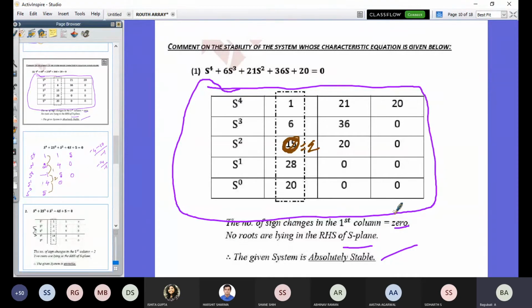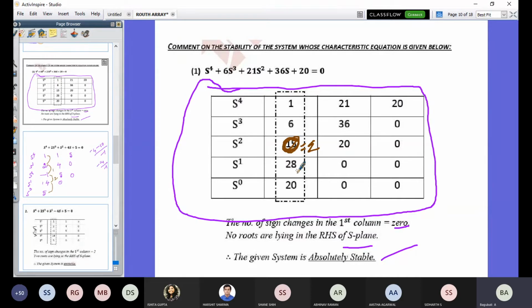And after completing the Routh array, you can check whether above and below epsilon there are any sign changes. Is it clear? If there is a sign change, then directly you can say the system is unstable.